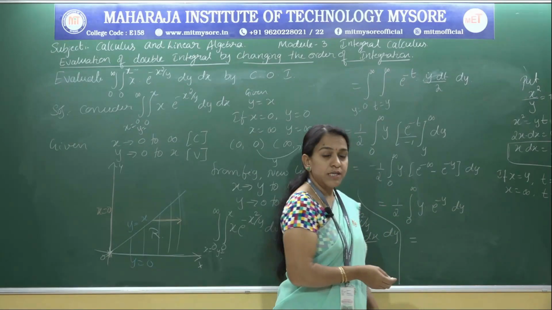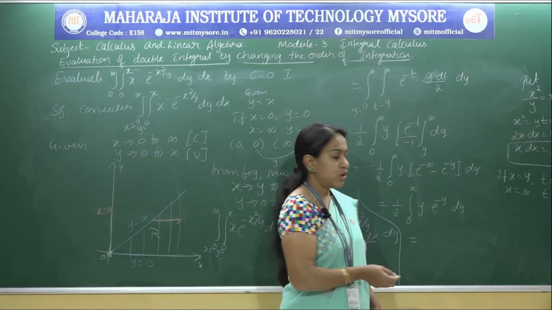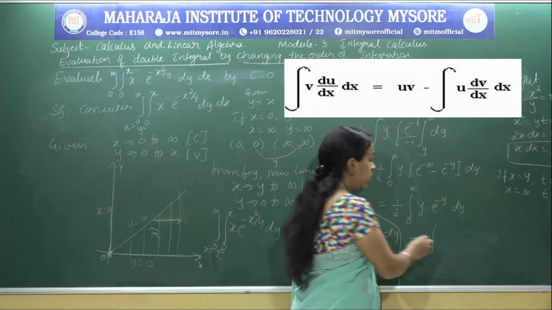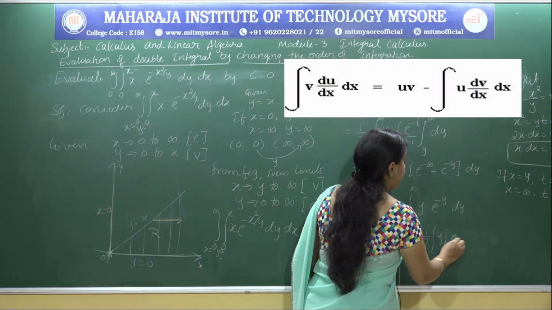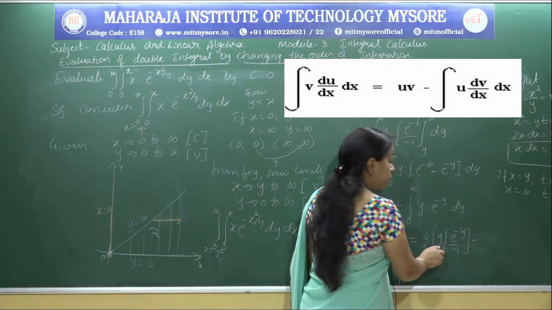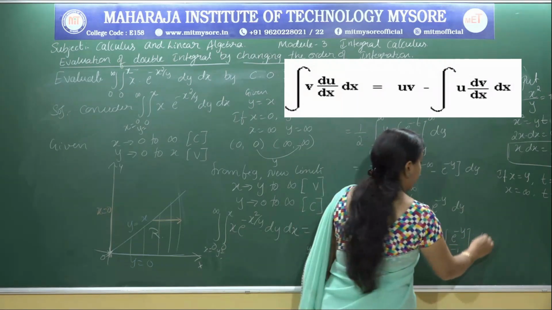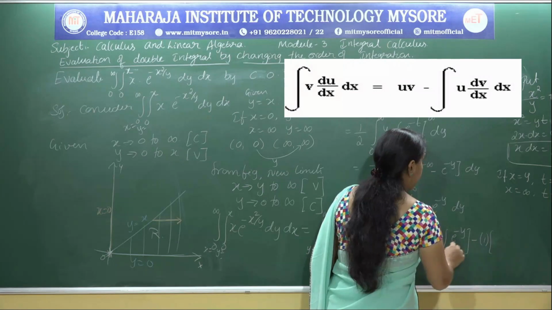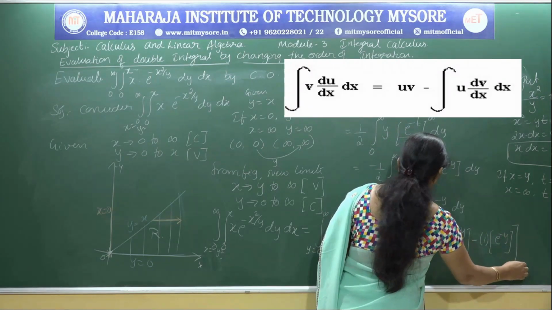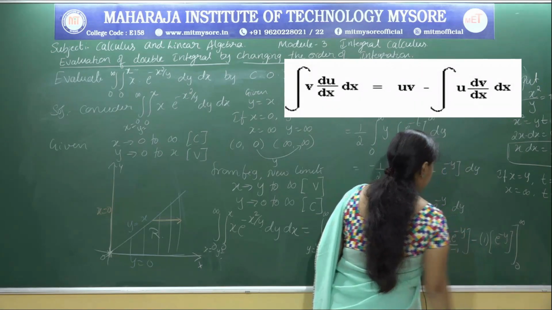Now integrate by parts, or we can apply Bernoulli's rule, that is 1 by 2 times of y is the first function. So first function into integral of e power minus y by minus 1, minus derivative of y is 1 into integral of e power minus y by minus 1 is e power minus y, between the limit 0 to infinity.